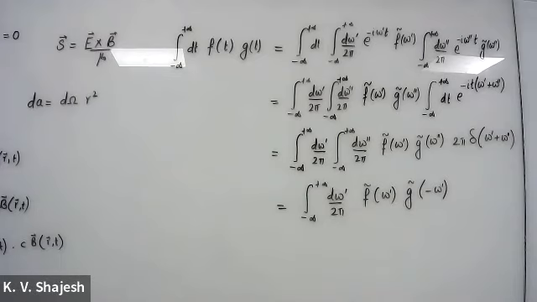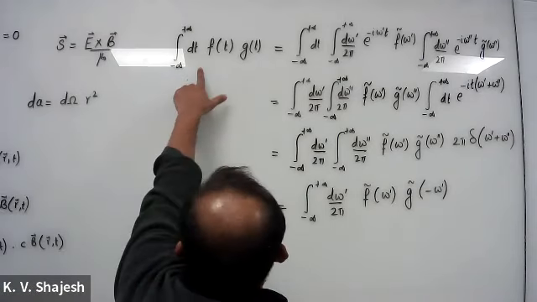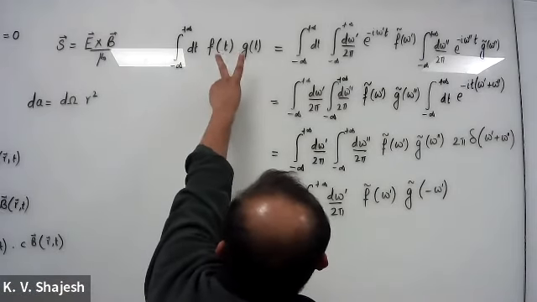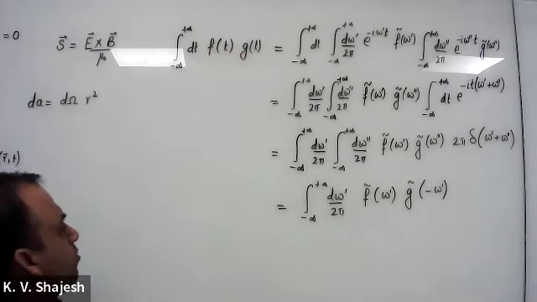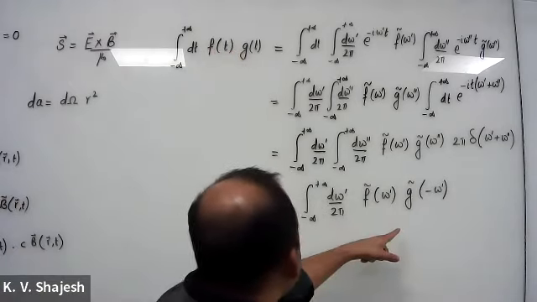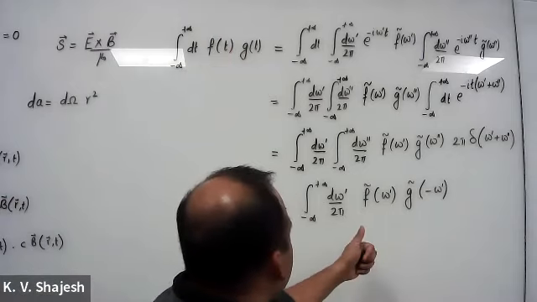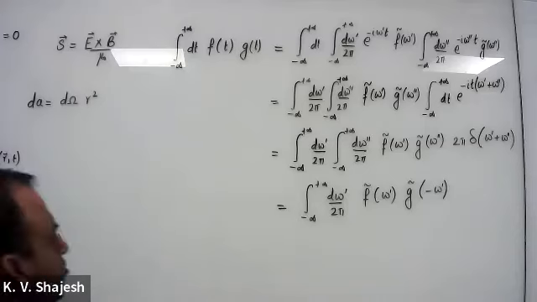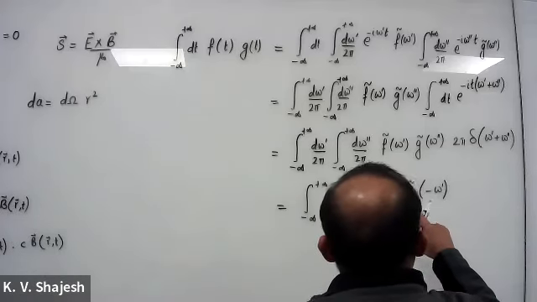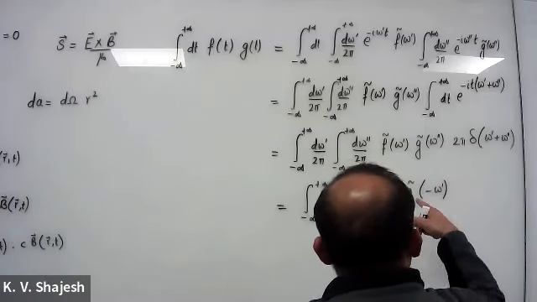What we have shown then is that the total integral of the product of two functions in time space is the same as the frequency integral in the frequency space, just that it has to be done with minus omega, and that also means that this is starred.